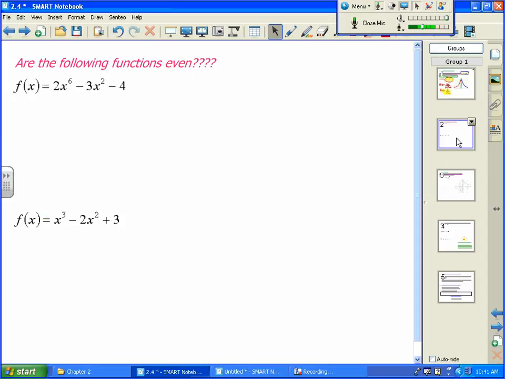Let's look at these examples here. Are these functions even? We don't have a graph to physically show us, so we're going to have to use our theory: f of x has to equal f of negative x. We know f of x is equal to that, so all we need to find now is f of negative x.